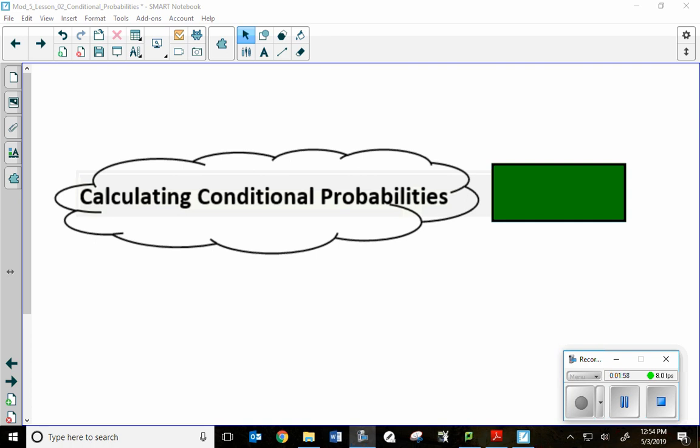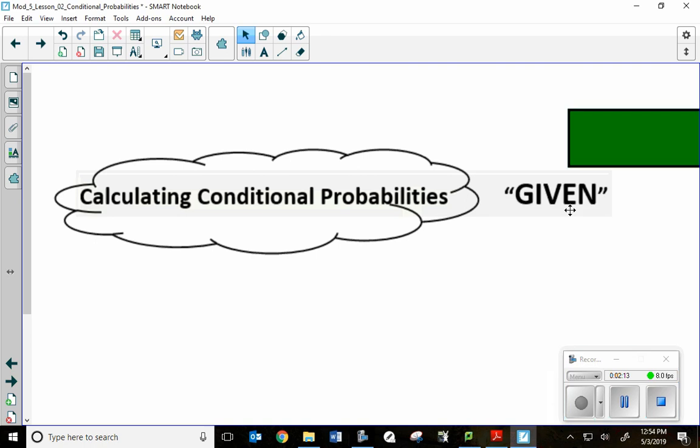Okay, so let's start here. Calculating conditional probabilities. There is one big word, and I don't mean it's a long word. It's really only 5 letters. But there is one big tell. Whenever they're asking for a conditional probability, that is the word given. Anytime they say the probability of A given B, that means conditional probabilities.